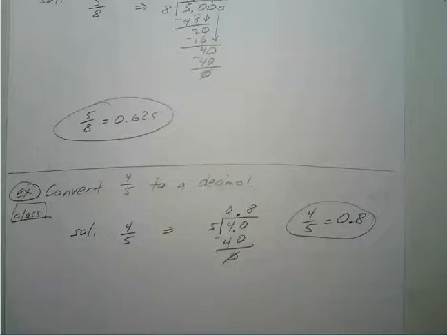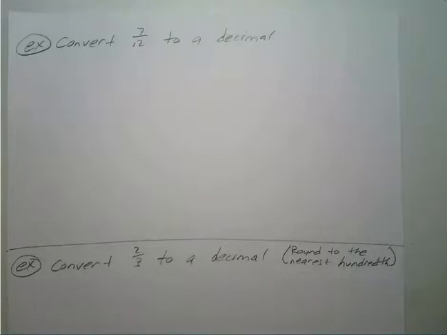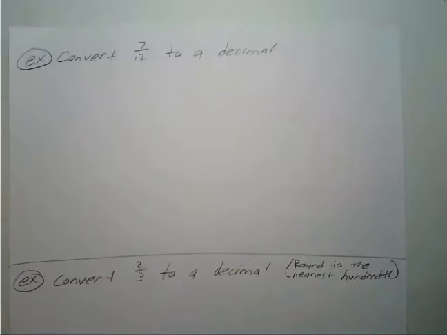If you are still writing, feel free to press pause, but we're going to go ahead and do a few more examples. We have 7/12 and 2/3. For the 2/3, we're just going to round to the nearest hundredth.